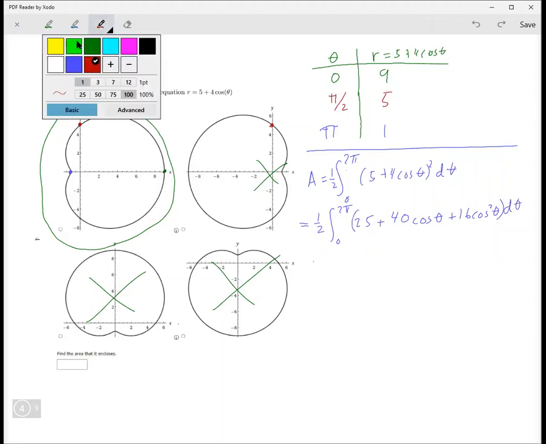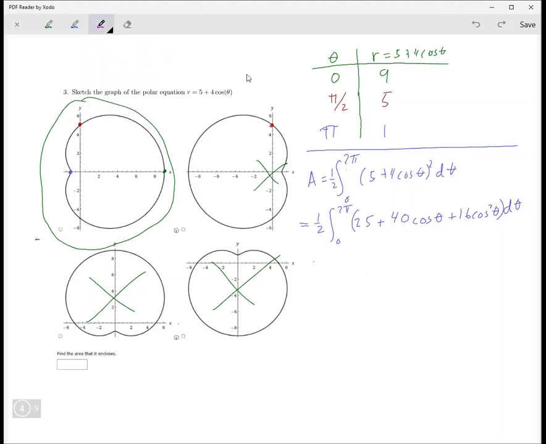And again, we're going to use this identity, that's 1 plus cosine 2 theta all over 2. Now there's a 16, so that just basically cuts it down to 8.